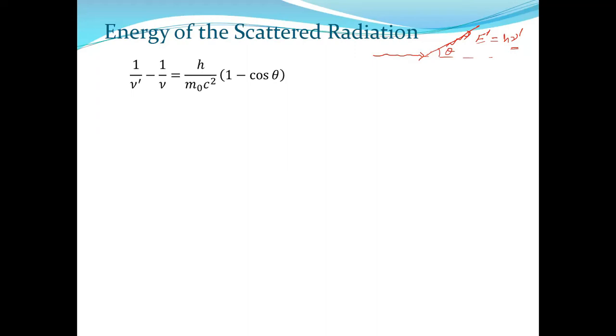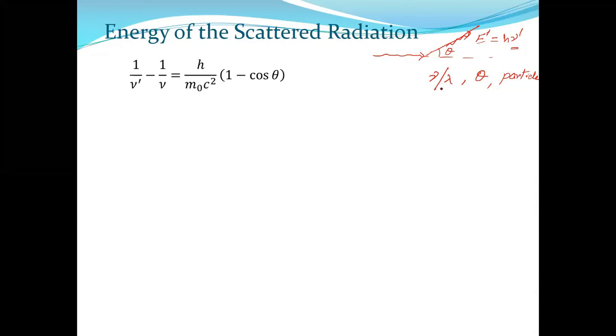These are the knowns, and what is the angle of scattering. So basically, either you know nu or wavelength of the incident wave, you know the angle of scattering, and what type of particle you are using. These are the given data always, whether you are doing the numerical or the practical.